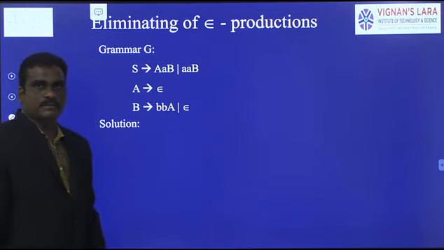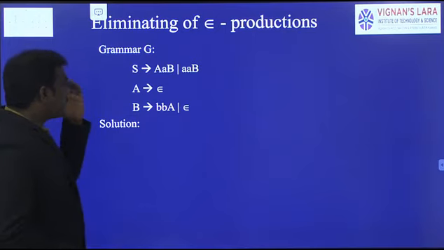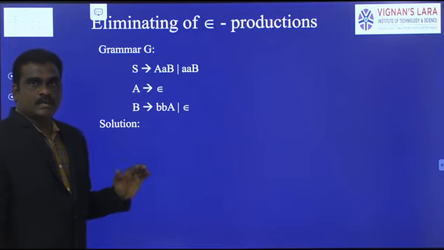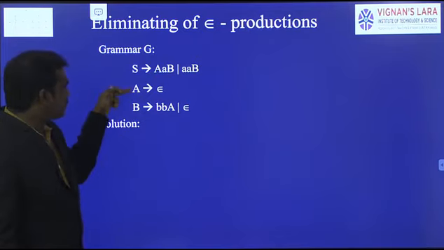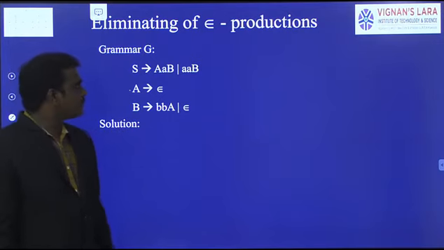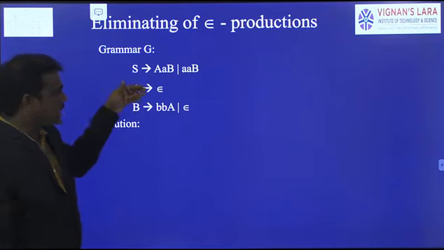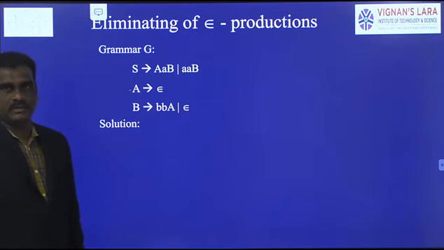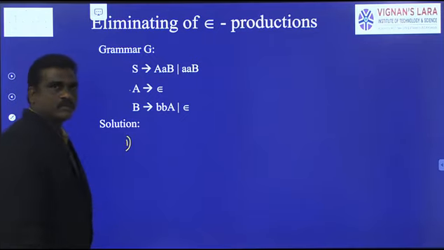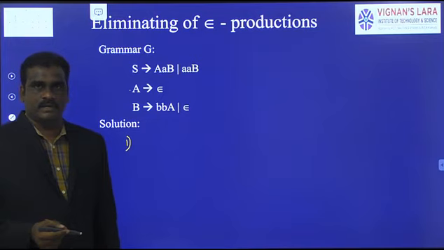Take one more example, the second example. Here the given grammar is a context-free grammar. In this context-free grammar, we have a total of 3 non-terminal symbols: S, A, B. Now we have to eliminate the epsilon productions. So what is step 1? First find out the nullable non-terminals.